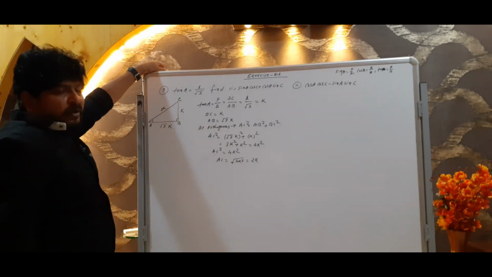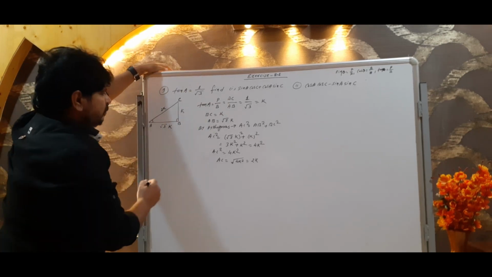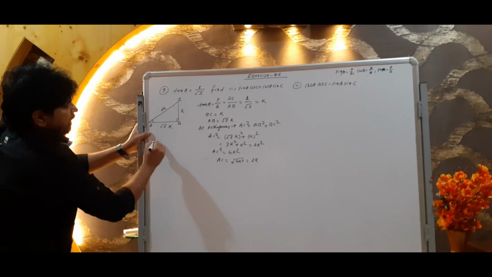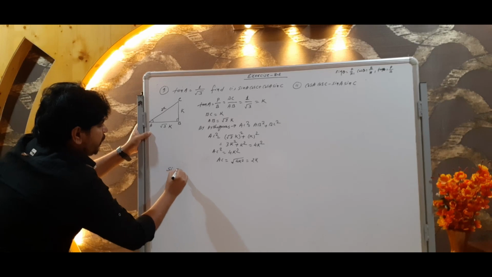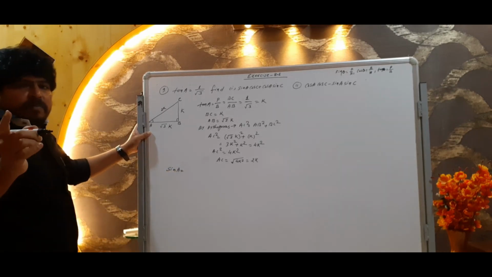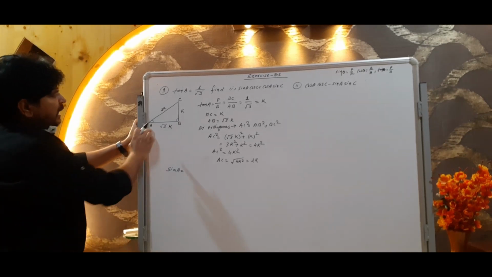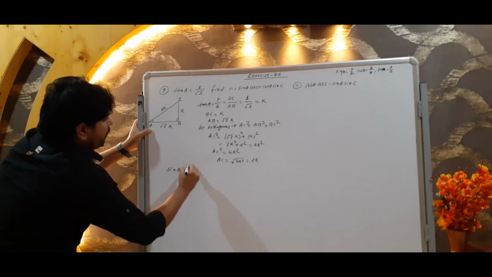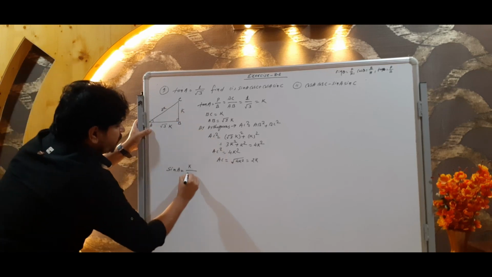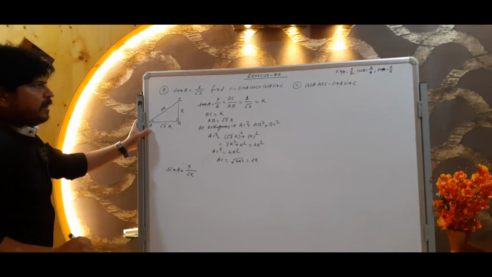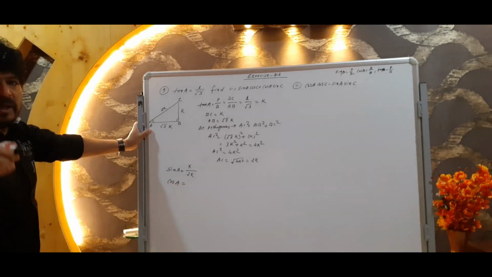First of all, we are going to find as per the reference angle A. It means we are finding sin A. What is the value of sin? Perpendicular upon hypotenuse. This is perpendicular, no problem. Perpendicular k upon hypotenuse 2k. This is sin A. Same we have to find out cos A. What is the value of cos A?